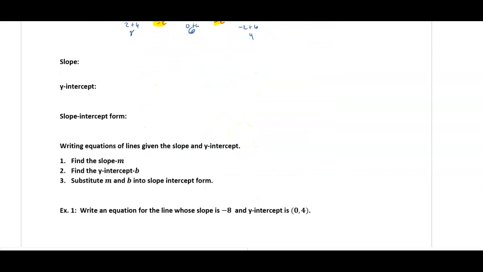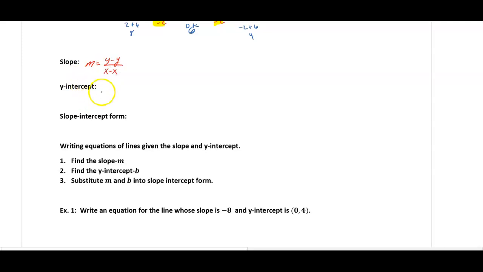So the first thing that we're going to look at is if you're given the slope. If you're given the slope, that is your m. And to find that, if you're not given it, you're going to find it by using y minus y over x minus x.